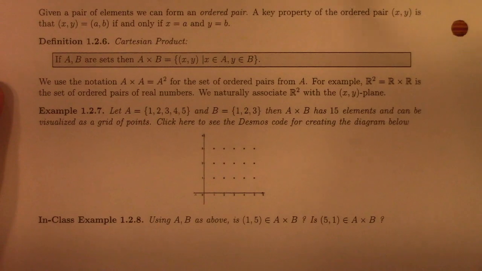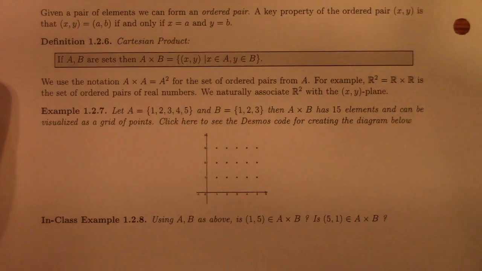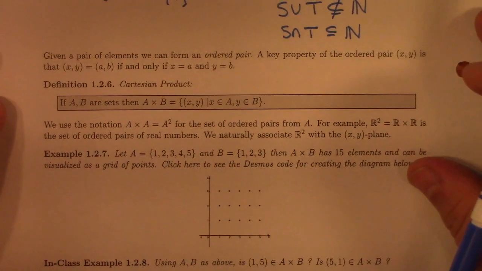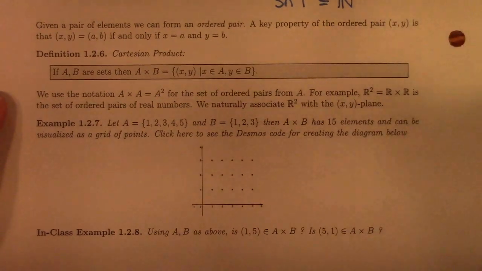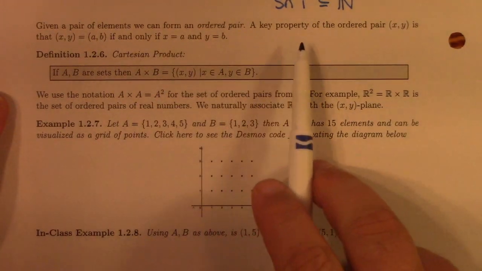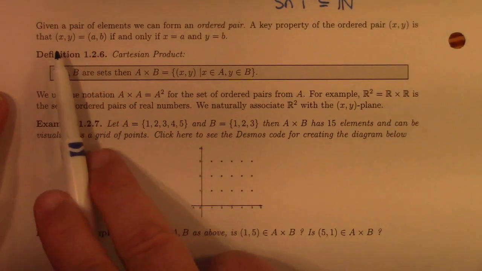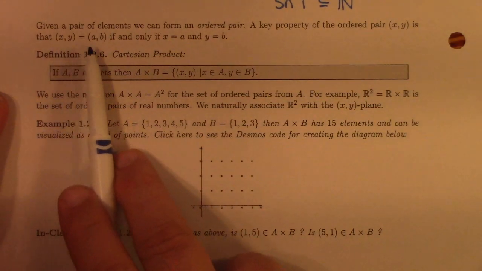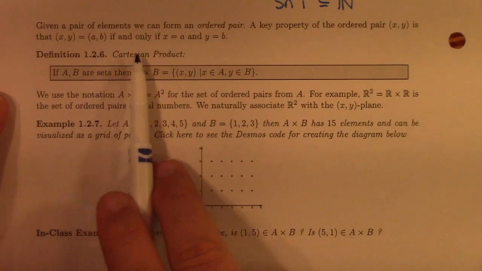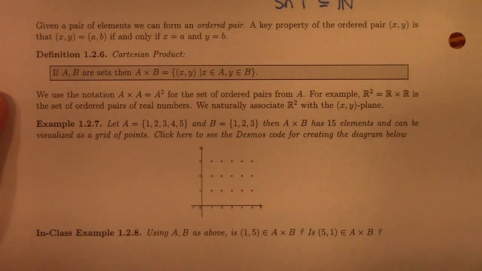The Cartesian product is another thing we can do with sets. All right, so the Cartesian product is a set of ordered pairs. So the key property of an ordered pair x, y is that if you have x, y equal to a, b, that's true only if both x is equal to a and y is equal to b. That's how an ordered pair is constructed.